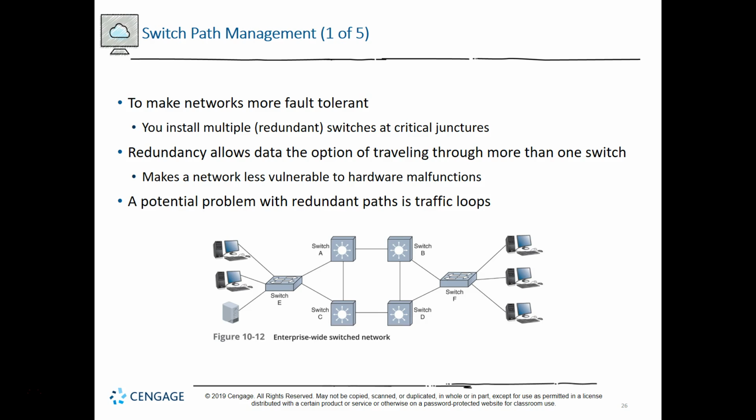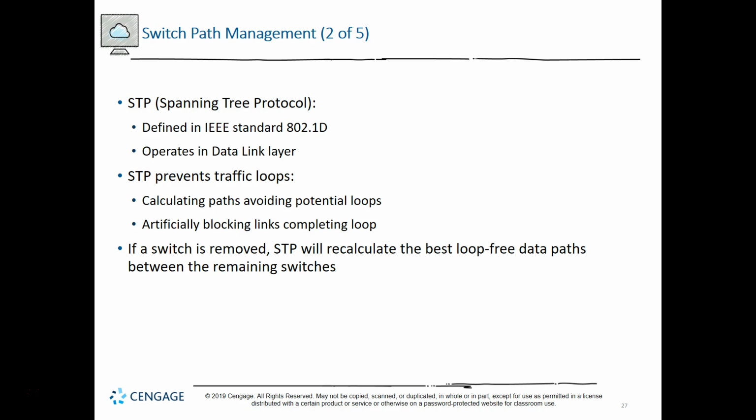Redundancy is good. We want multiple pathways, except we also don't. Multiple pathways create loops. Loops are good, except we don't want our traffic to circle in that loop forever. And so we have to deploy something to break these loops. What we deploy is something called spanning tree protocol.